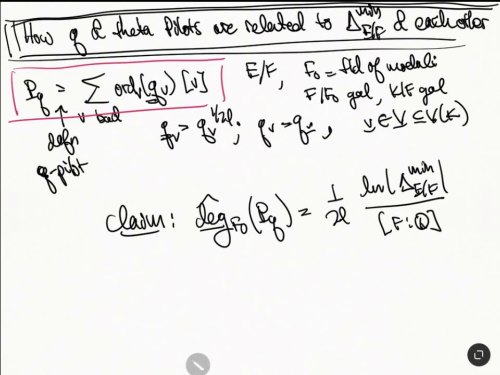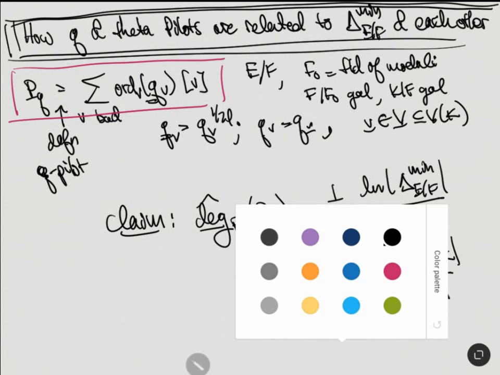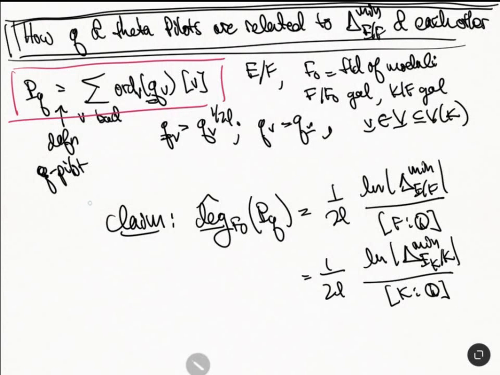And since minimal discriminants are, well, not quite invariant under base change, but they're invariant up to, so here we can base change this over K. So if you divide by the appropriate degree, same with our Arakelov divisor. So we have that all these things are the same here.